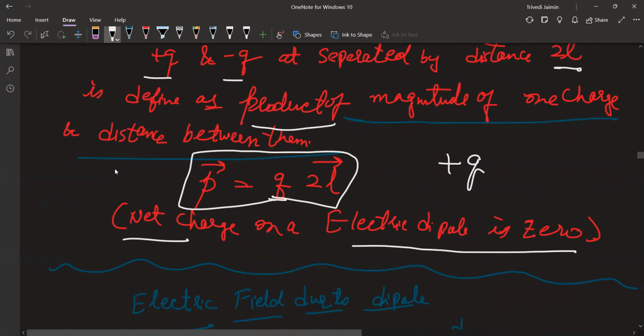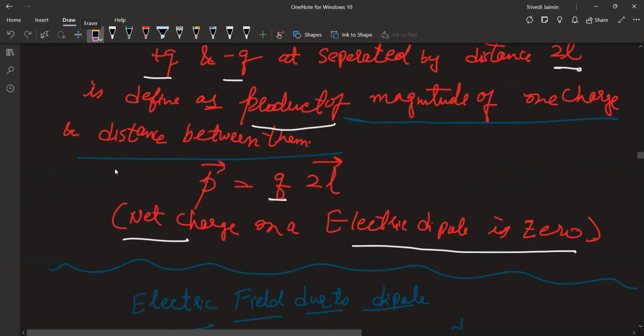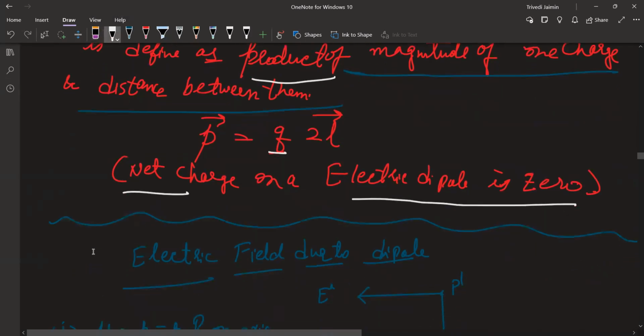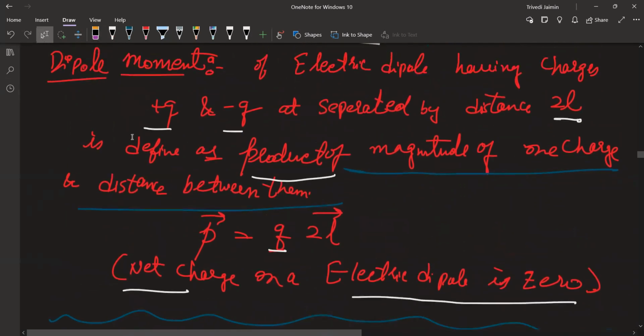Because it's plus q and minus q, so plus and minus make 0. That's why we said equal and opposite charges. Are we clear with dipole moment? Yes, sir.